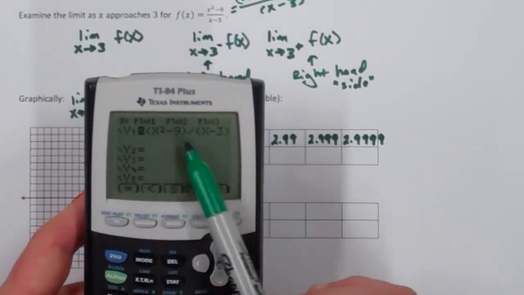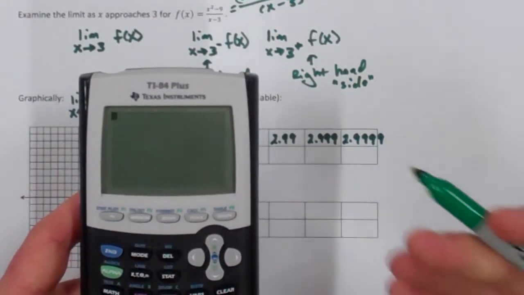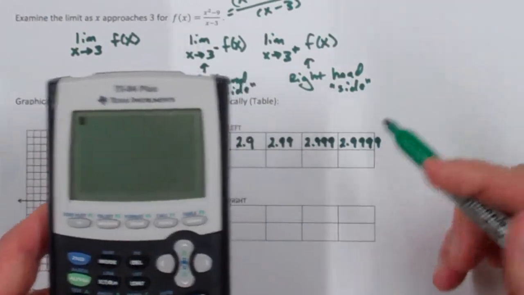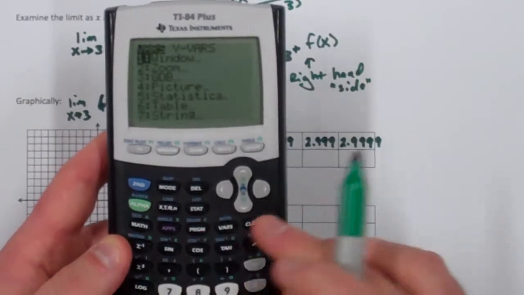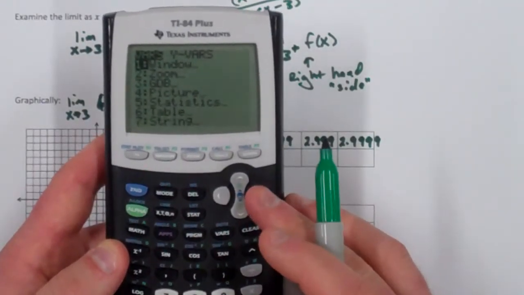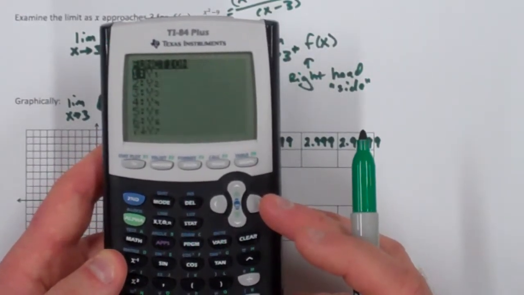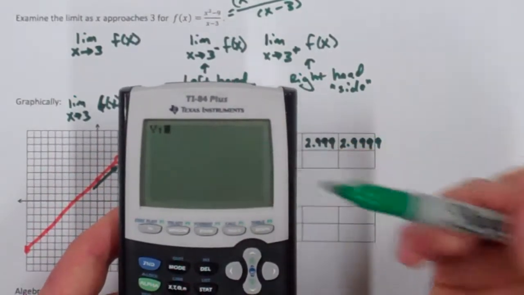So if we put this in to y sub 1, we can go back and ask the calculator to evaluate some values for us. The first one is 2. We can go to variables, right beneath your cursor buttons, bottom left of your cursor buttons. Cursor 1 to the right to go to y variables. You can hit enter, it's on function, and hit enter again. And you can see here that that gives us a little y sub 1.